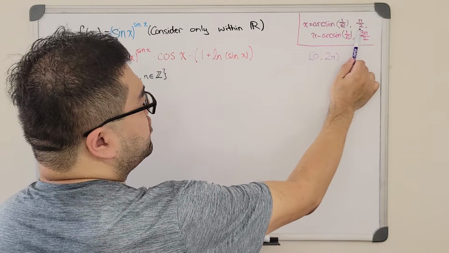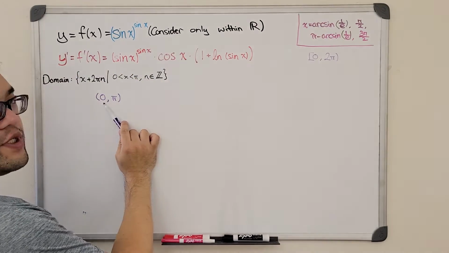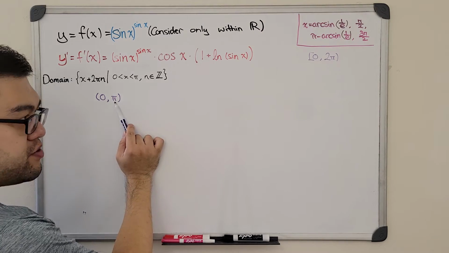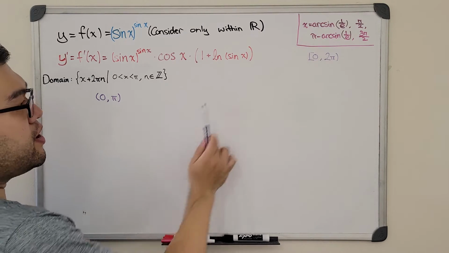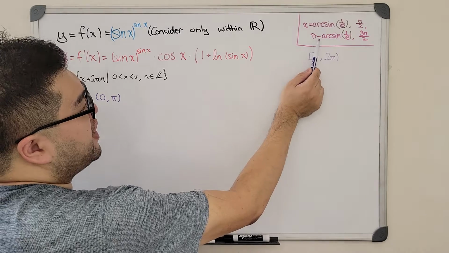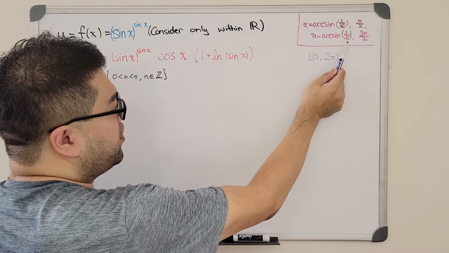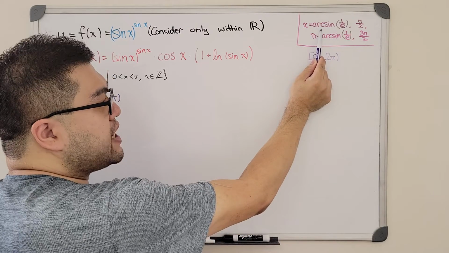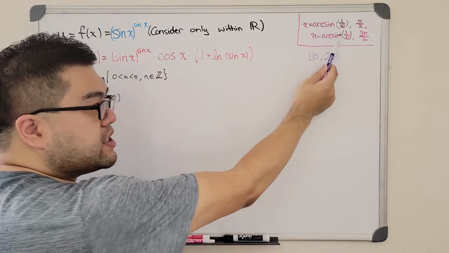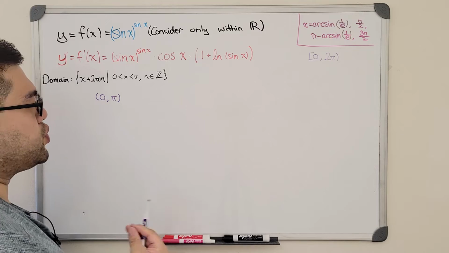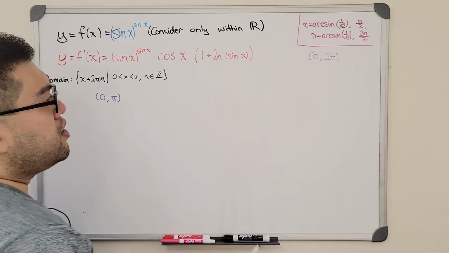Now for the second value, we have pi over 2, and of course pi over 2 is between 0 and pi, so that one is also good. Third one, we have pi minus sine inverse of 1 over e. We claim that sine inverse of 1 over e is some positive value between 0 and pi over 2.